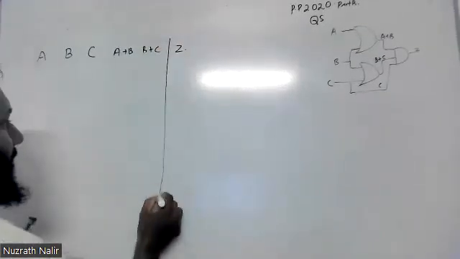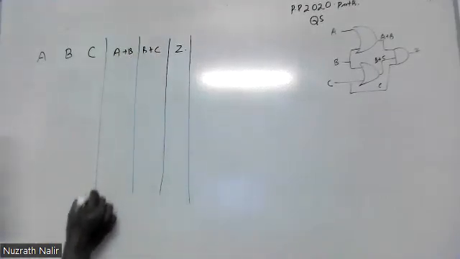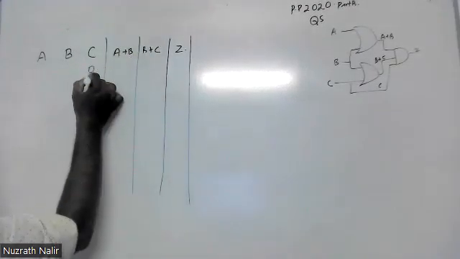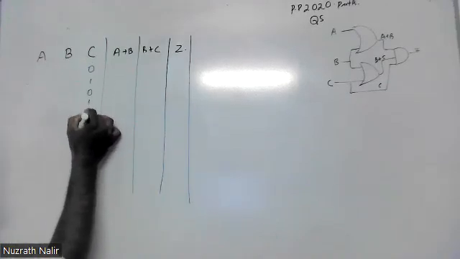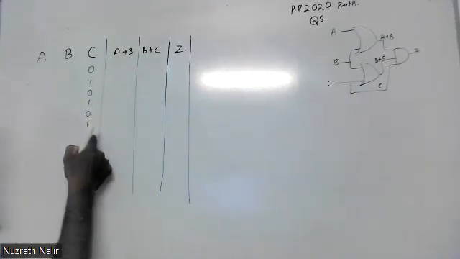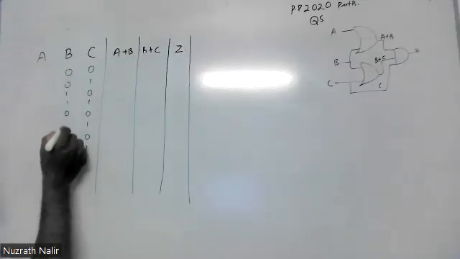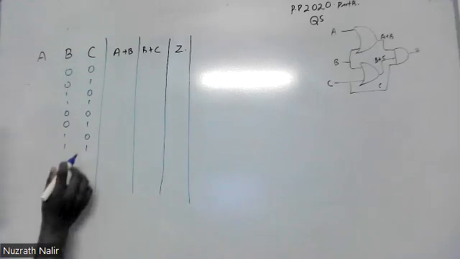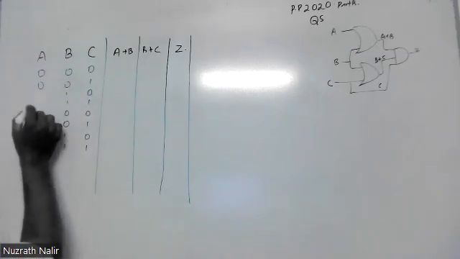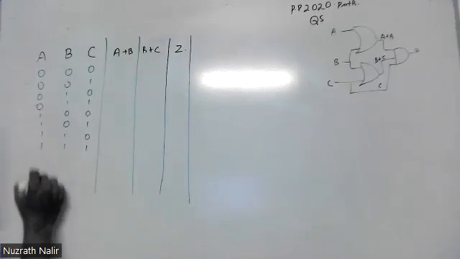So here, 0, 1, 0, 1, 0, 1, 0, 1, then 0, 0, 1, 1, 0, 0, 1, 1, then 0, 0, 0, 0, 1, 1, 1, 1.